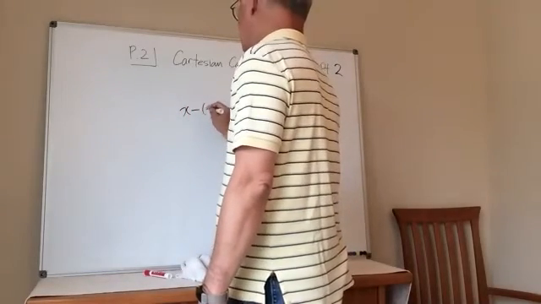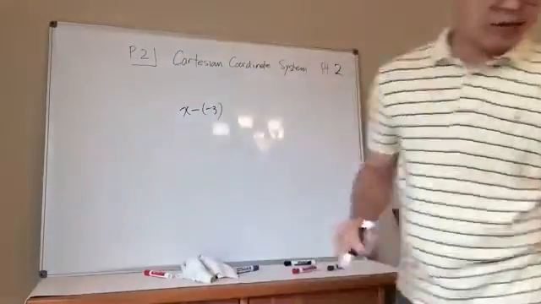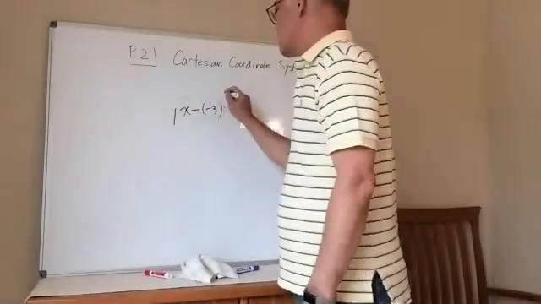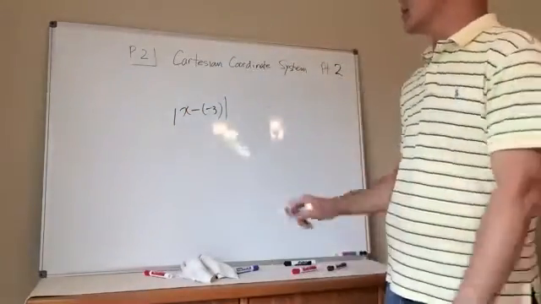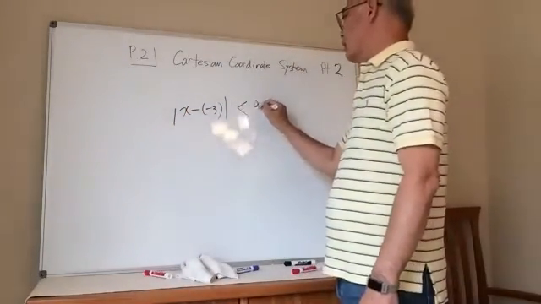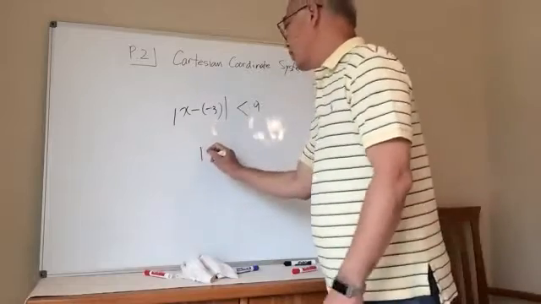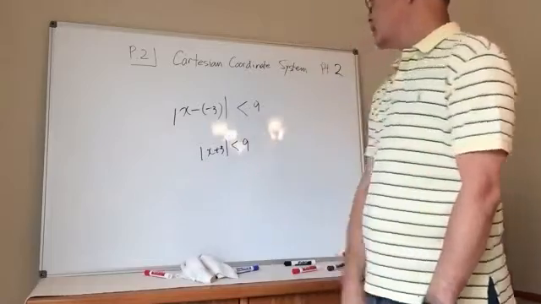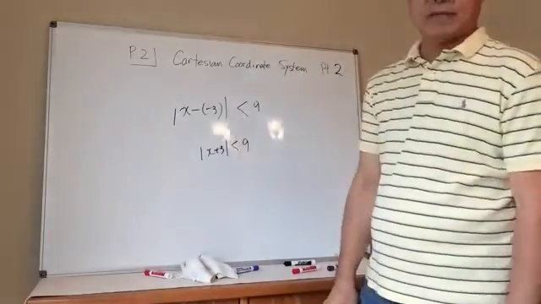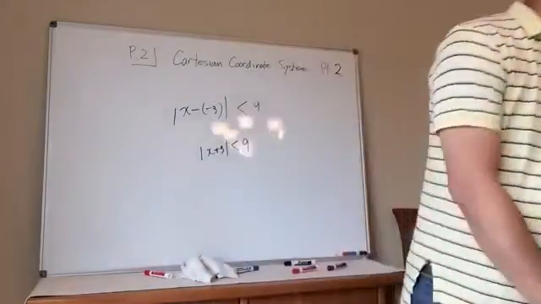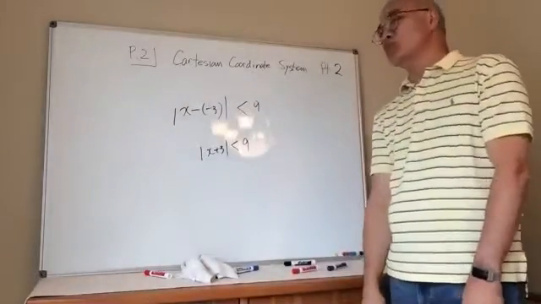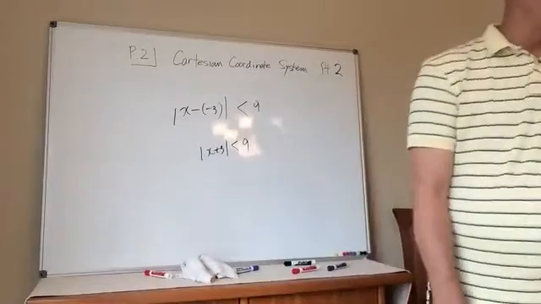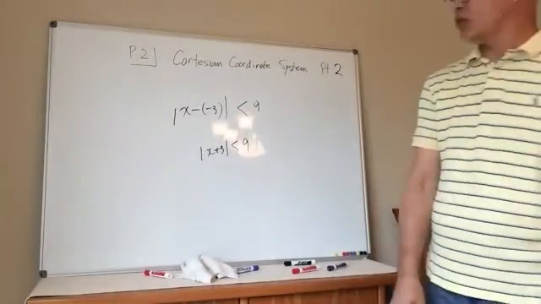The distance between x and negative 3 is less than 9, so you're going to end up with something that looks like this. Can anybody tell me how you would actually solve this? Does anybody have any idea?